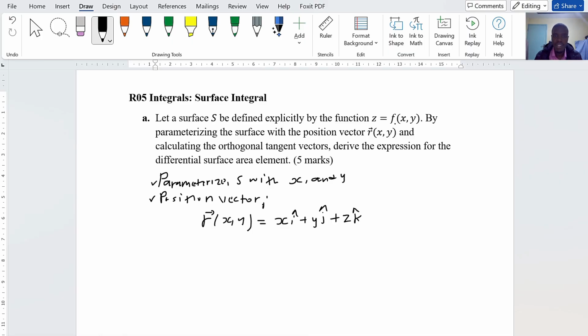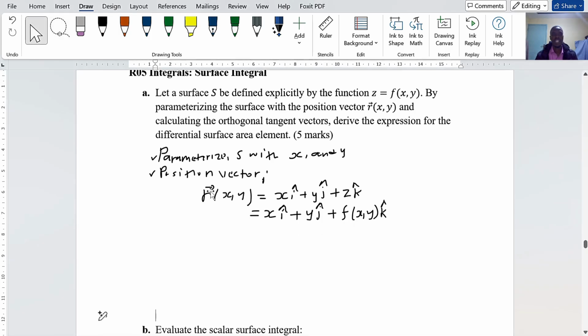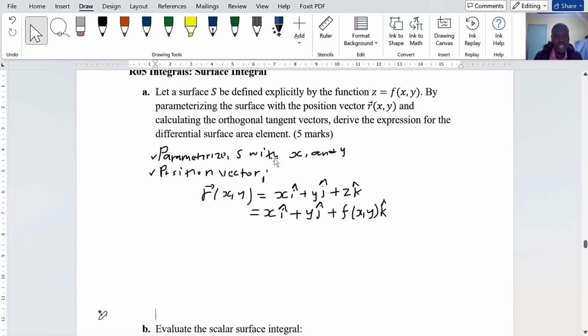But remember, our z is a function of x and y. So it means we'll have xi plus yj plus f of x and y k, which is our z. So let's parameterize our S with x and y only.